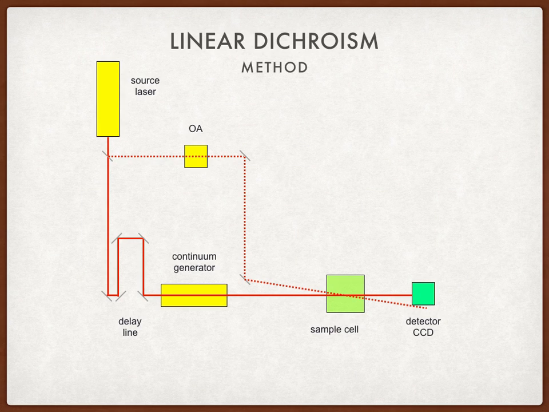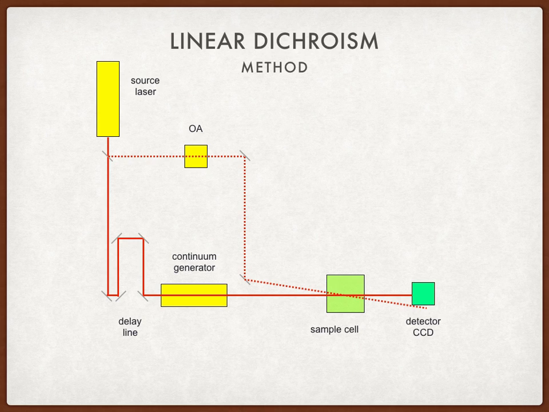Now, as I said, 90 degrees works for some, but if I go to ultrafast techniques, my instrumentation looks different and the angle that I excite at is different as well. So this is a schematic of an ultrafast femtosecond type system. In this case, my probe and my pump are the same laser source.